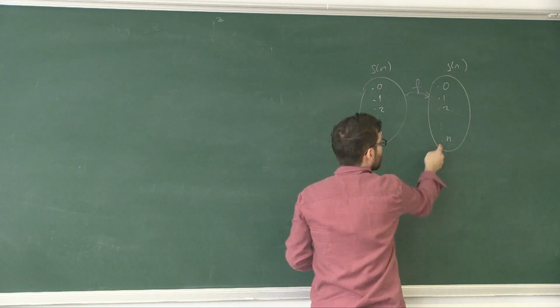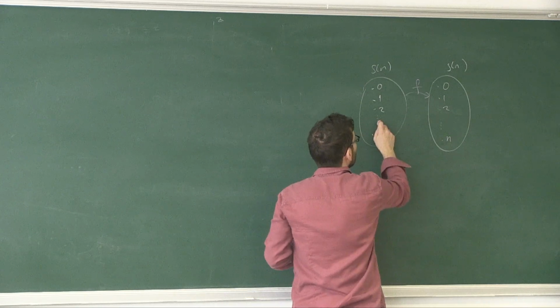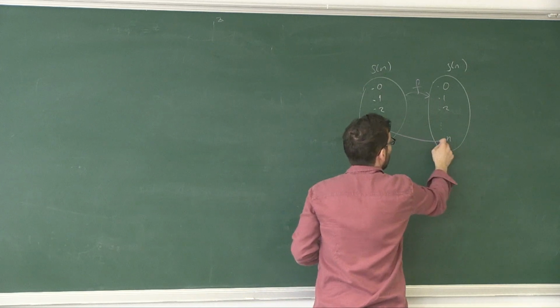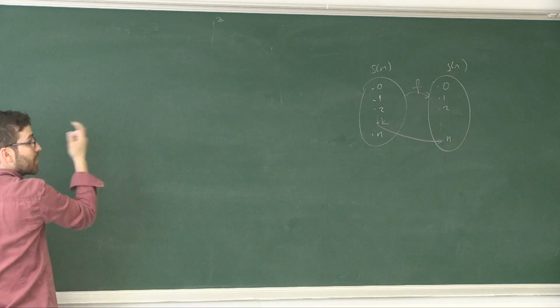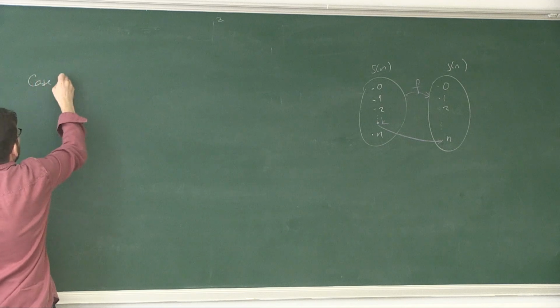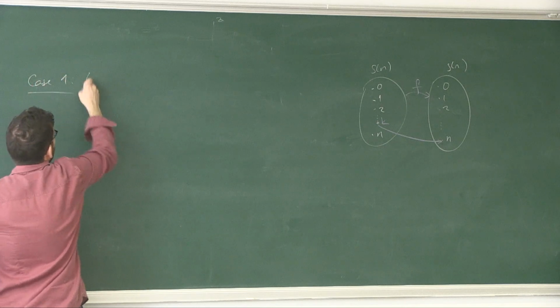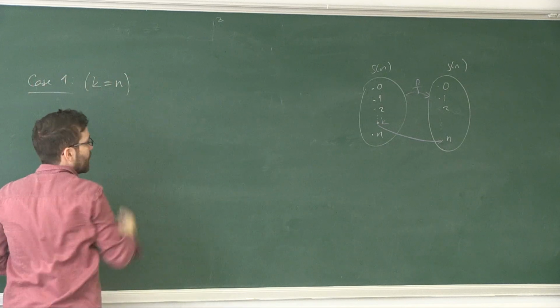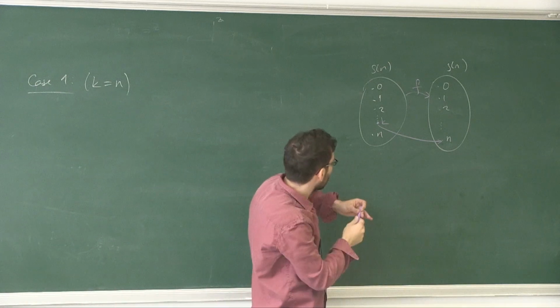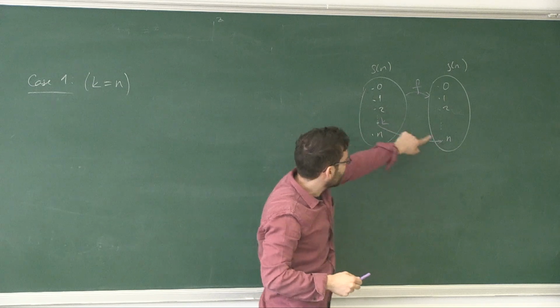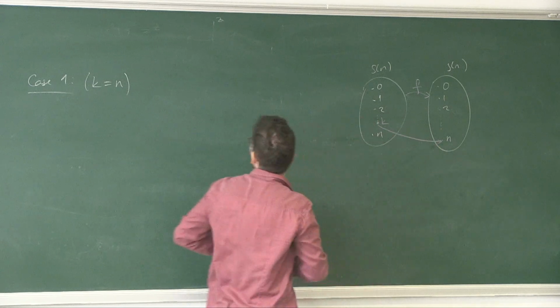So this is in the range, which means that there is some k mapping to this guy. Again, we're going to have two subcases. Case 1, I can be lucky. Maybe this k, which maps to n, is actually n.